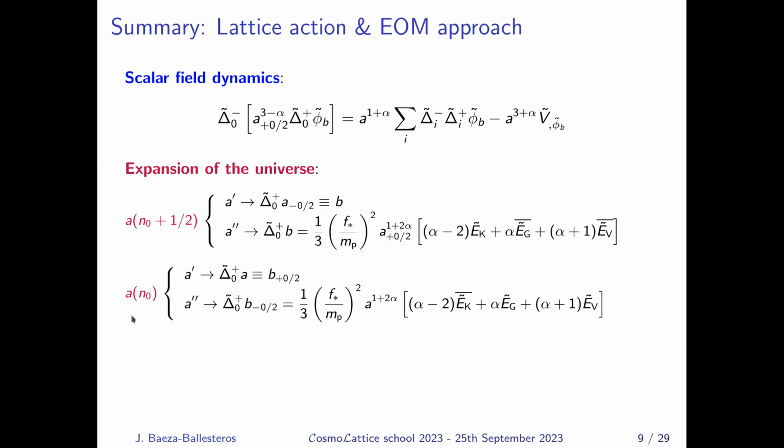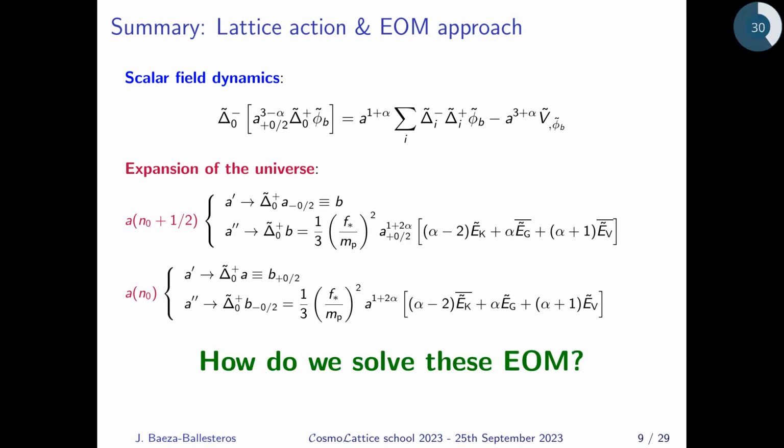And second, we have also discretized the equation of motion for the expanding universe. In that case, we have obtained these two possibilities, depending on whether we decide that the scale factor lives at integer times or at semi-integer times. And now the question is, how are we going to solve this equation of motion?